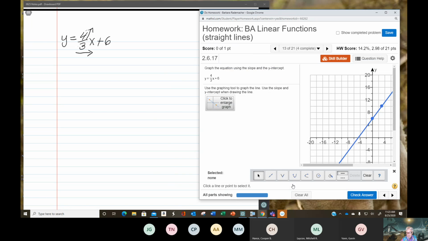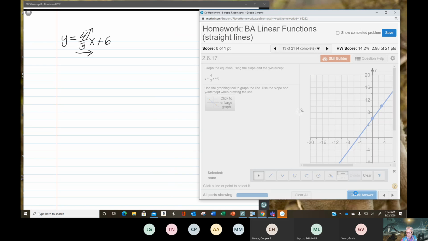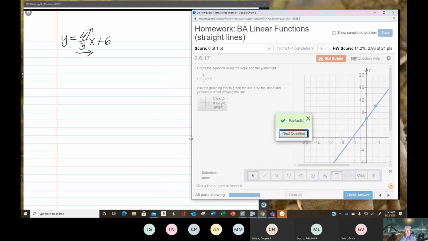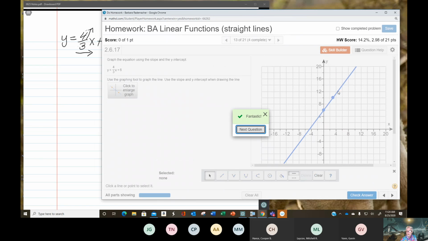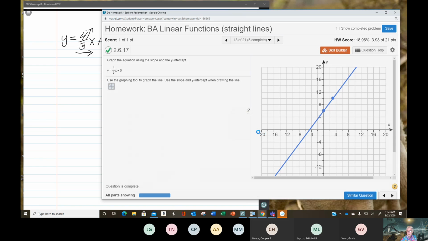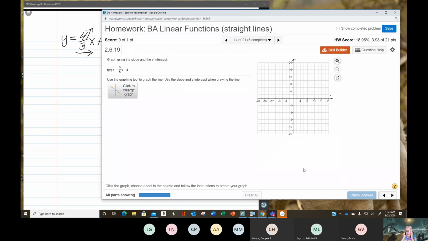Okay, let's see if I got it right. Well, I thought it was going to mark me wrong. What I should have done is over to the right, it tells you what the points are in parentheses. So you can always judge where you are by that.